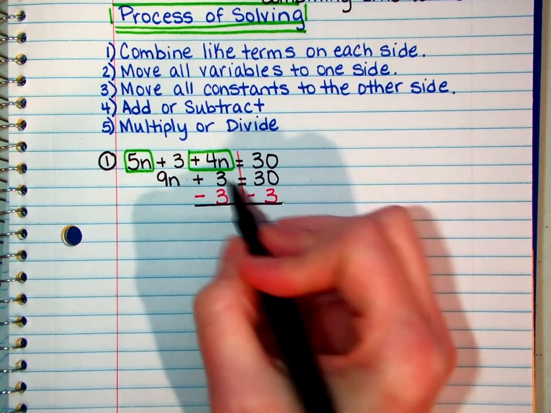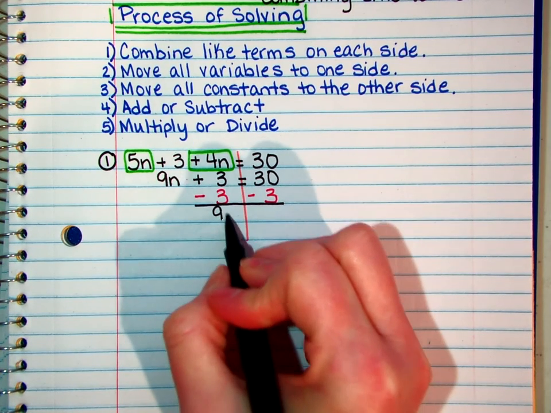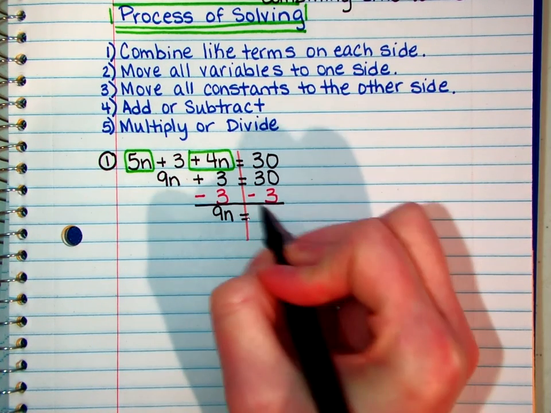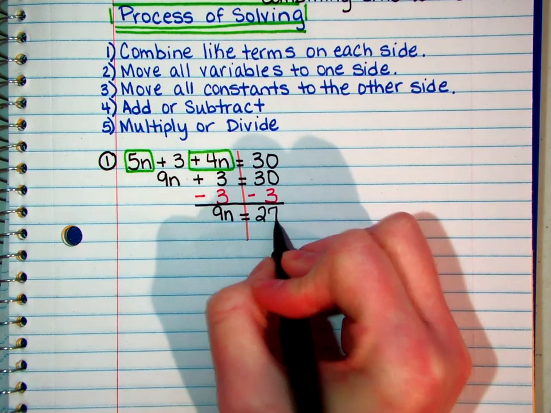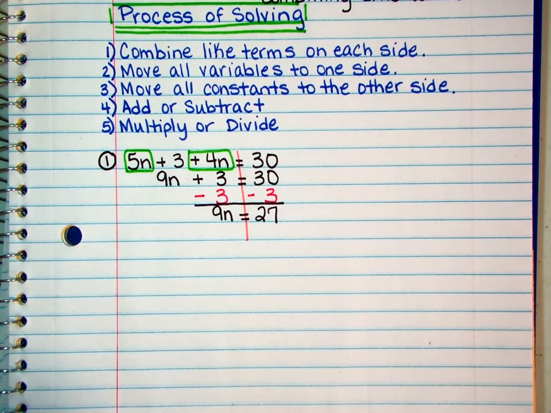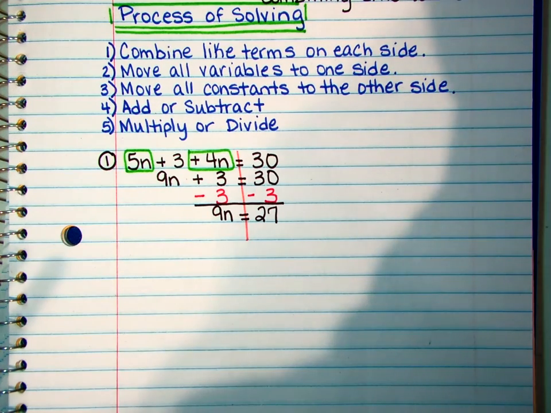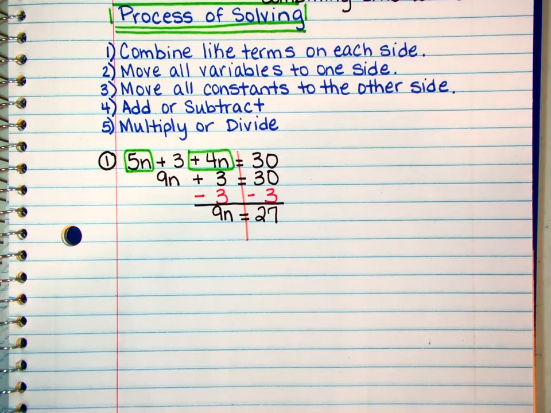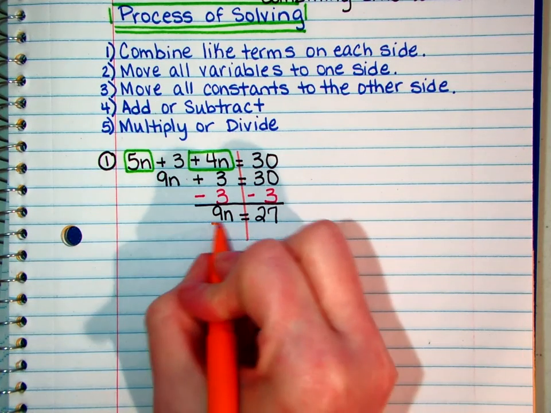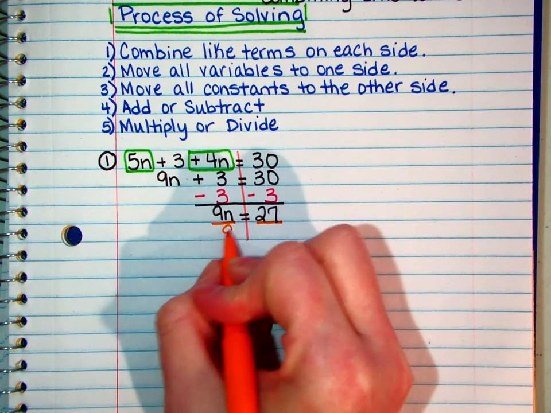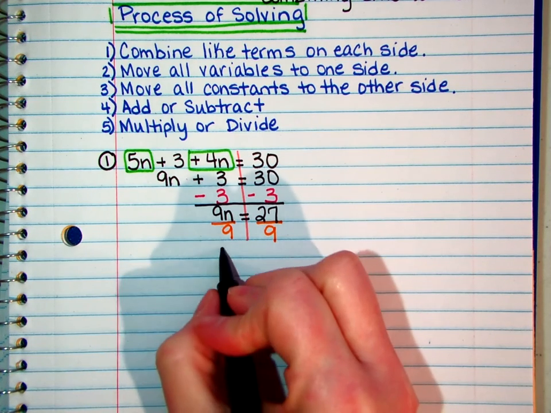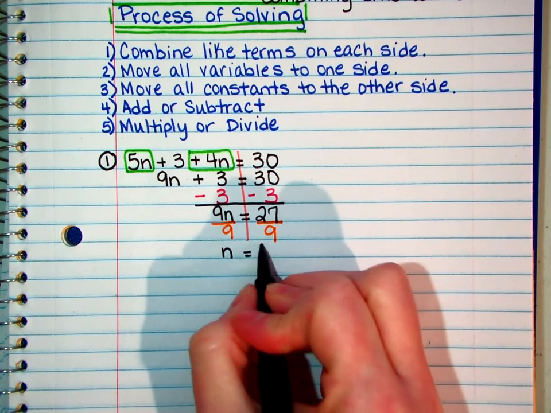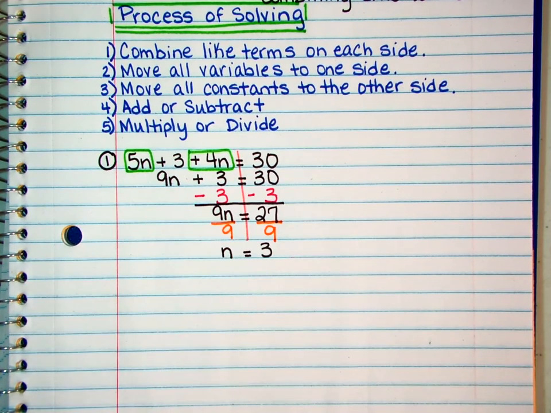When I subtract 3, I'm left with 9n on the left, and the difference between 30 and 3 is 27. Now my very last step is to multiply or divide, and I do have 9 times n, so to get rid of the 9, I must divide both sides by 9. And now 27 divided by 9 gives n a value of 3. And we are done with that problem.